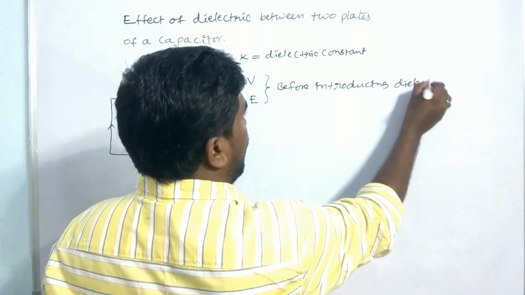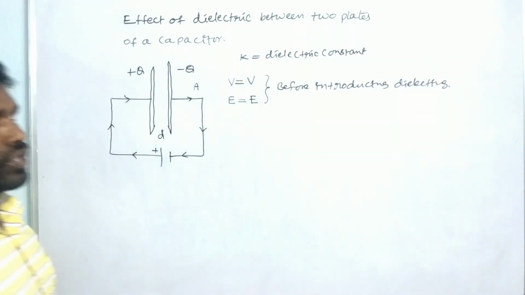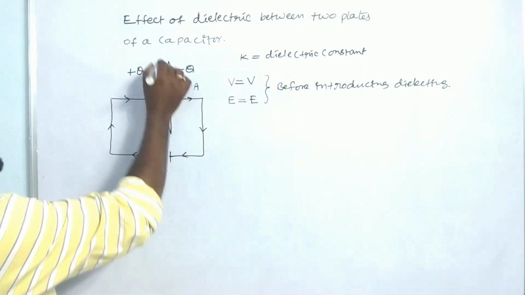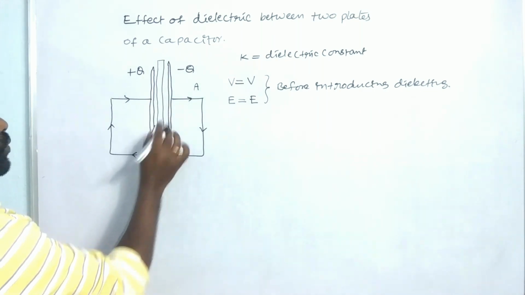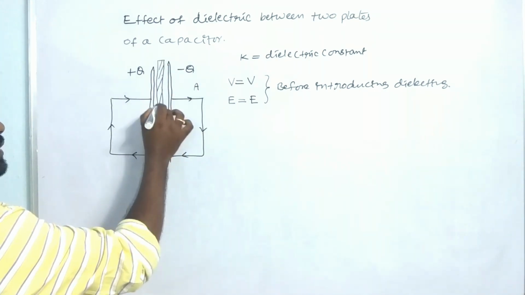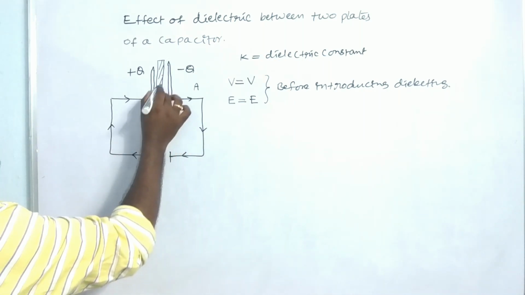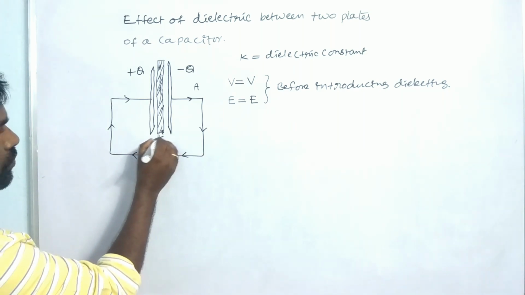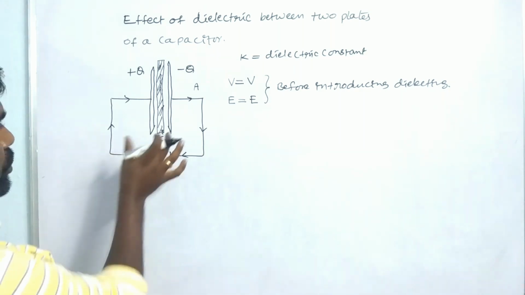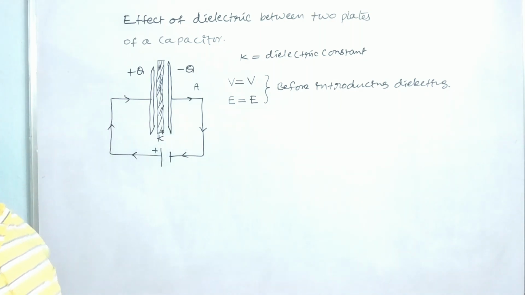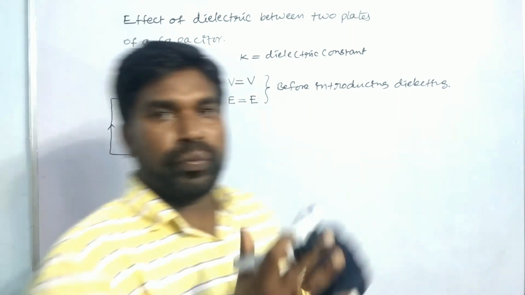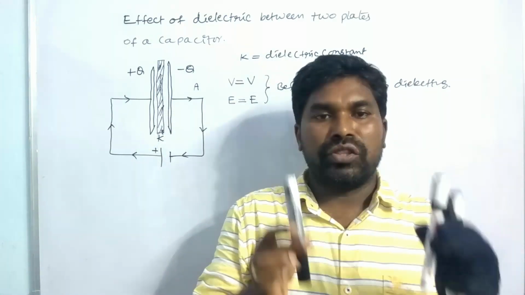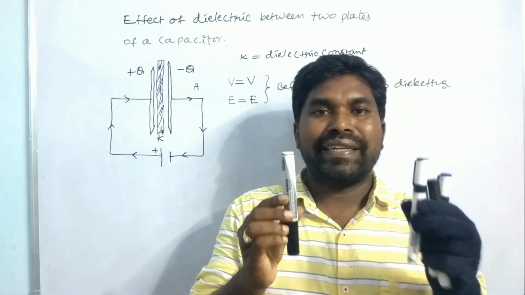So these two are before introducing the dielectric. After introducing the dielectric with constant K, the dielectric will be kept between the two plates of a capacitor. This is the dielectric. A dielectric with the constant K is introduced between the two plates, then the space between these two plates decreases.